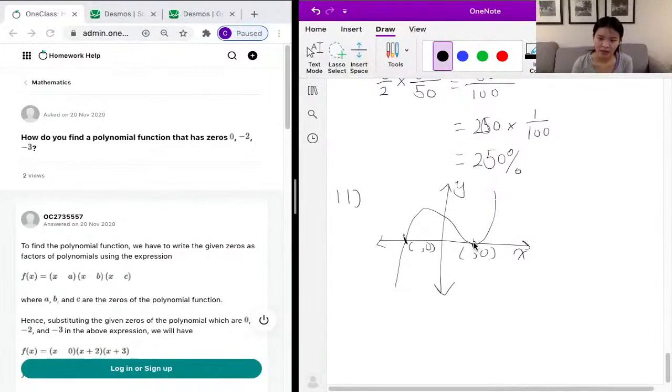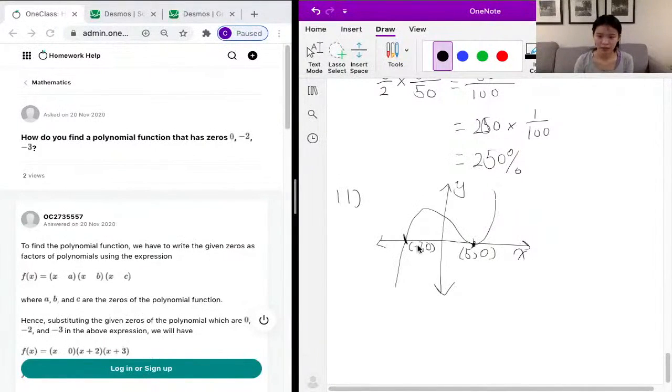Here the x is maybe 5 because it is positive, and here the x is probably something like -7 because it is negative. And again, the y value is just 0 because that's when the function crosses or touches the x-axis.